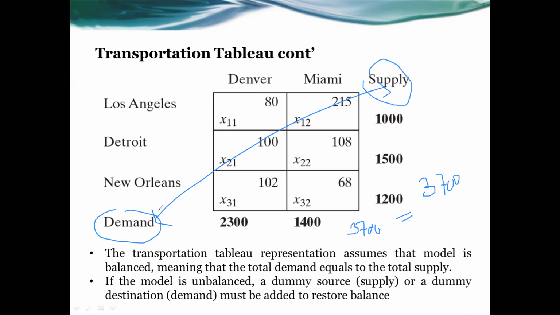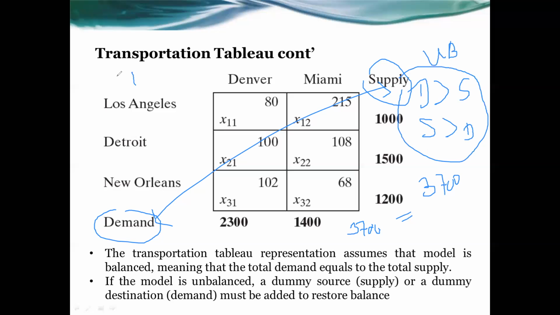Normally in a practical situation, demand and supply are not equal. Sometimes market demand is higher than supply, or sometimes your supply is higher than market demand. If your demand is higher than supply, or if your supply is higher than demand, these two situations we call unbalanced.